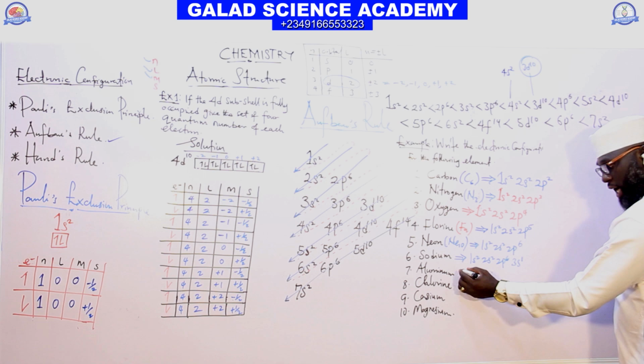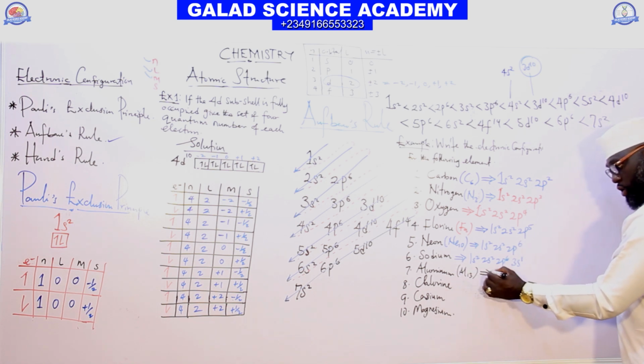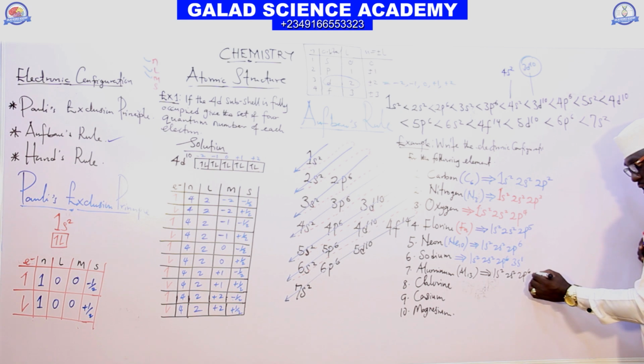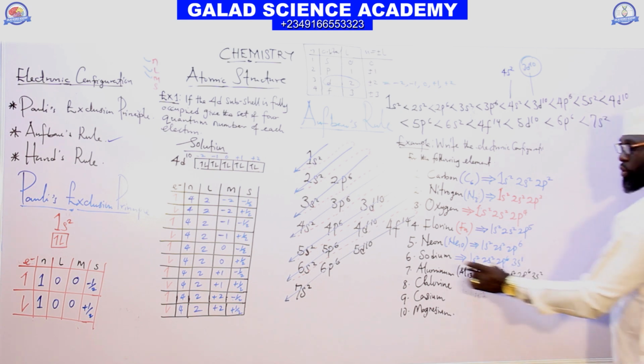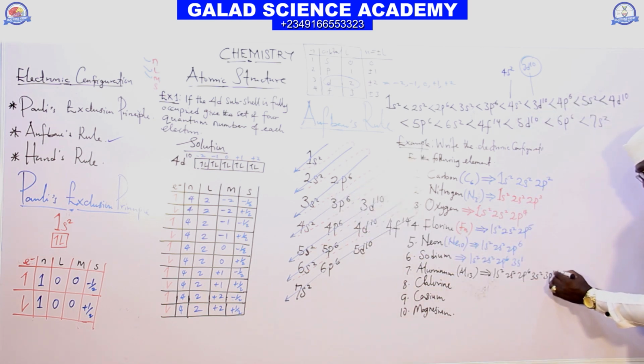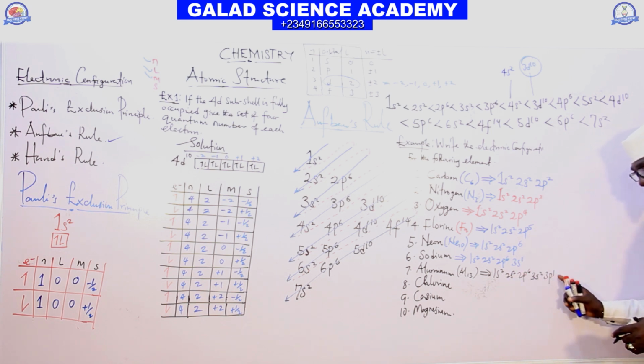If you look at aluminium, aluminium is 13, which is 1s2, 2s2, 2p6, 3s2, followed by 3p1. Add it, it will be 13.